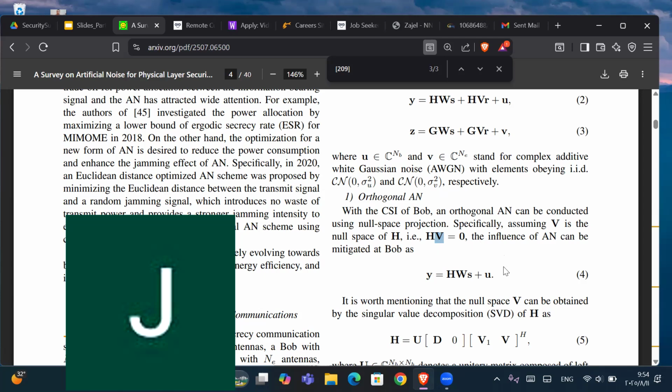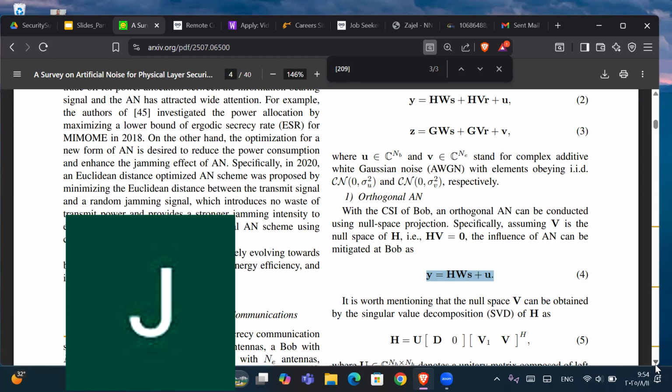Therefore, the interference at Bob will cancel and become zero. So if H multiplied by V is zero, then the whole term will disappear, the whole term will go away. And the net received signal will become Y equals HWS plus U.